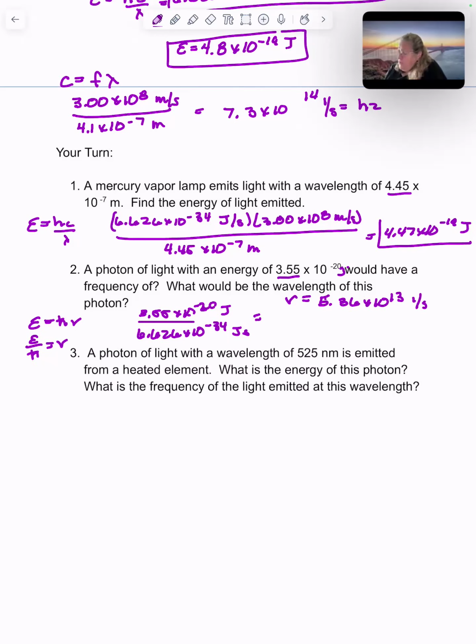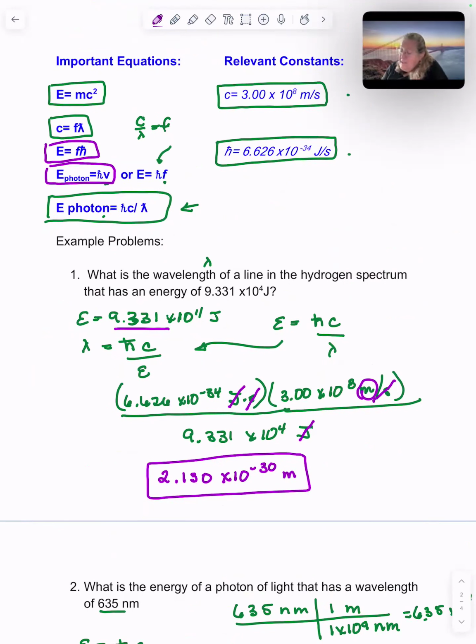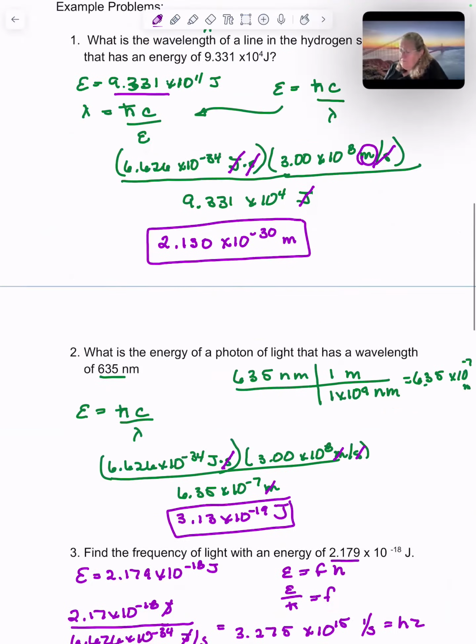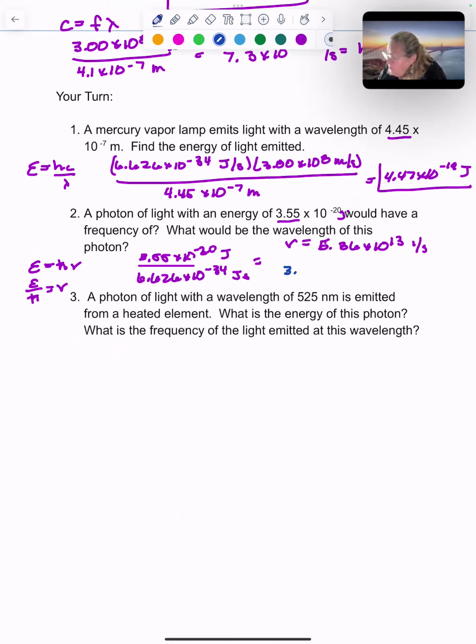We want to get the wavelength. So we go back to our equations and look at wavelength. Speed of light divided by frequency gives me my wavelength. So now I'm going to take my speed of light, 3.00 times 10 to the 8th meters per second, and divide it by that frequency, 5.36 times 10 to the 13, 1 over seconds.